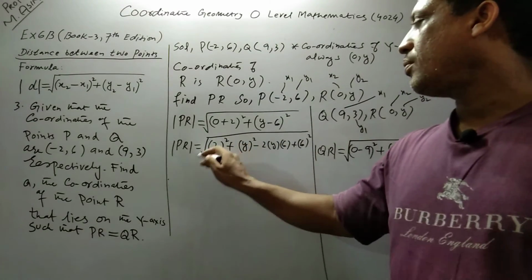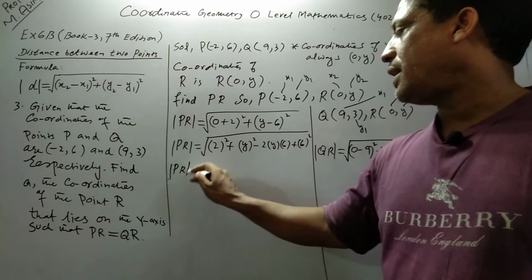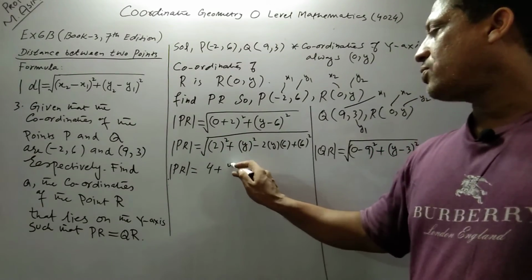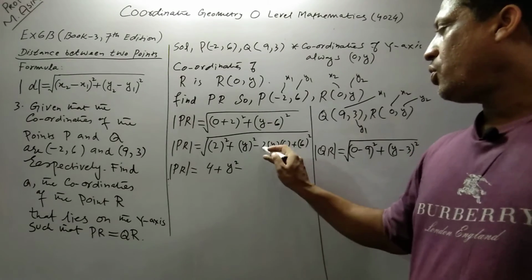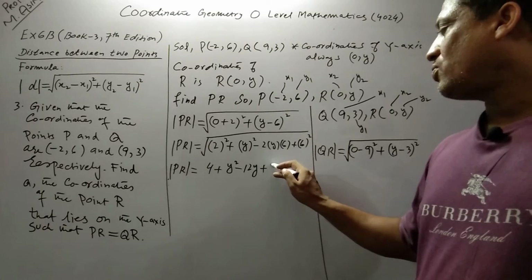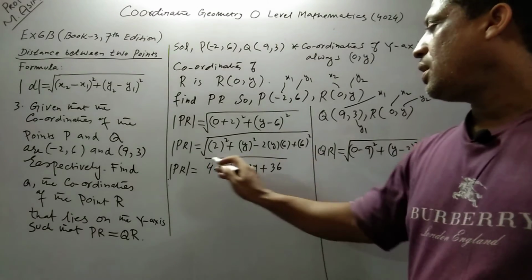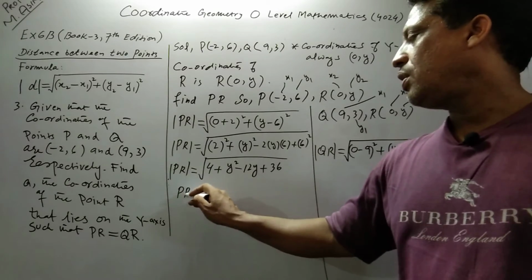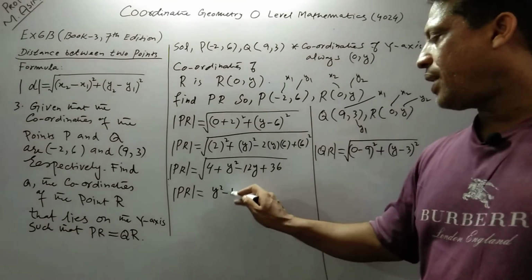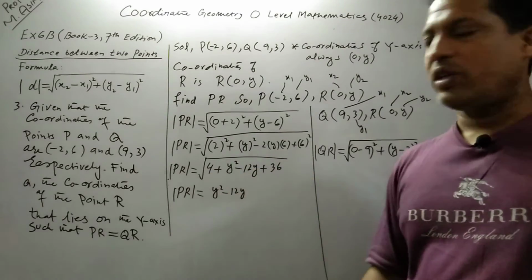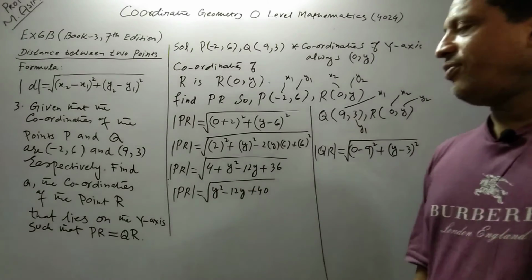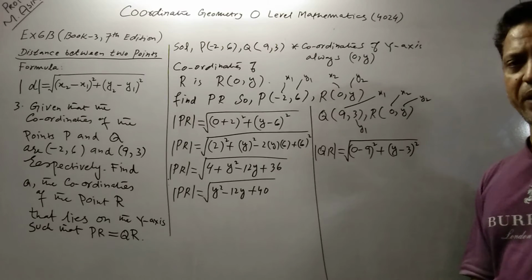So PR distance is 2 square is 4, y square is y square, 2 into y into 6, 2 sixes are 12y, 6 square is 36. PR equals the square root of y square minus 12y, 36 plus 4 is 40. So this is the final simplification of distance PR.